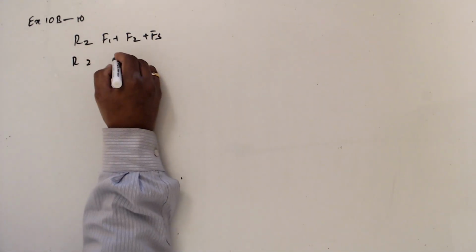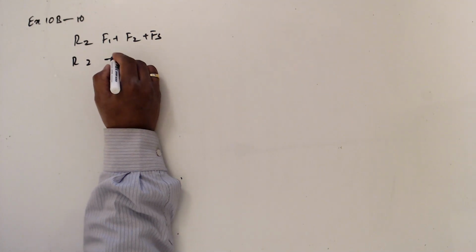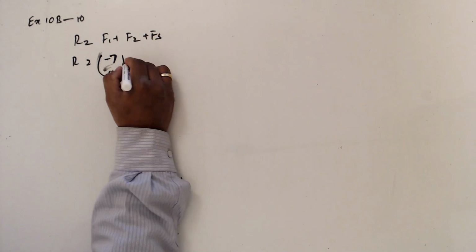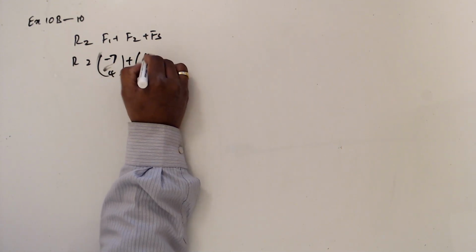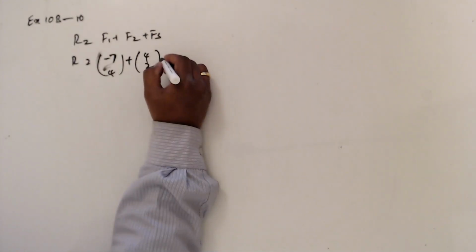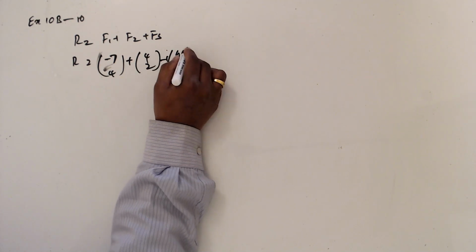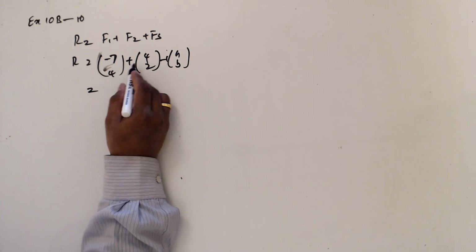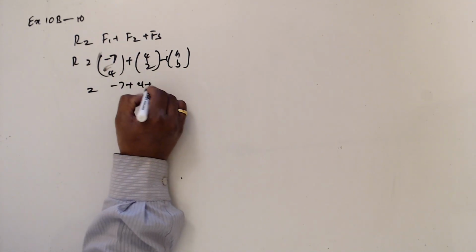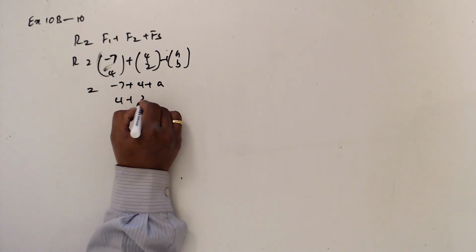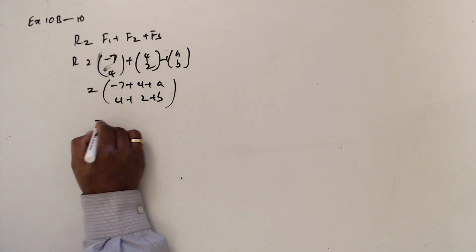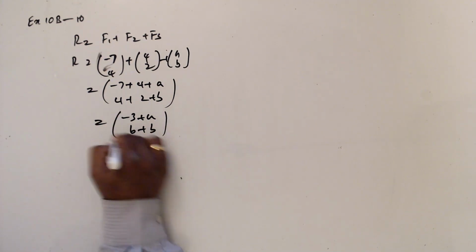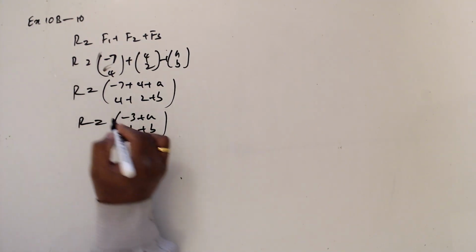So R equals (minus 7, 4) plus F2 (4, 2) plus (a, b), which is minus 7 plus 4 plus a, 4 plus 2 plus b. So this is minus 3 plus a, and this is 6 plus b. So this is R.